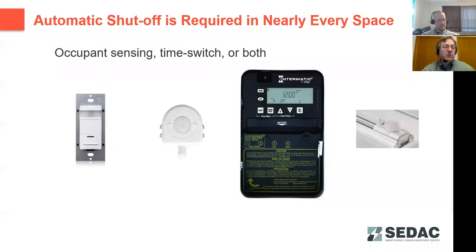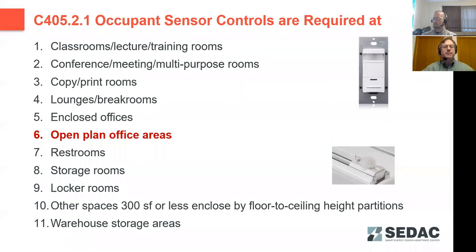Now, it does not prevent you from using both. So if you do have a space that you need both, or you want to use both, that's perfectly acceptable. So here we're listing the places that occupant sensor controls are required.